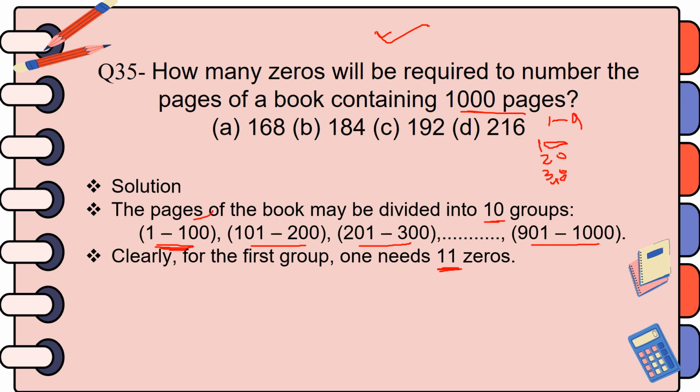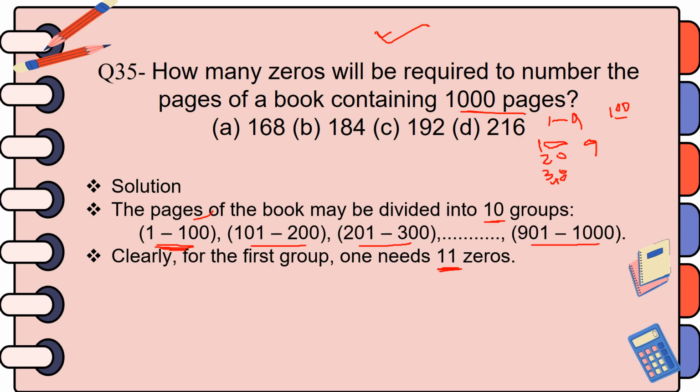Then how many zeros are there? 9. From 10 up to 90, there are 9 zeros. Again, you go to page 100. On page 100, there are 2 zeros.